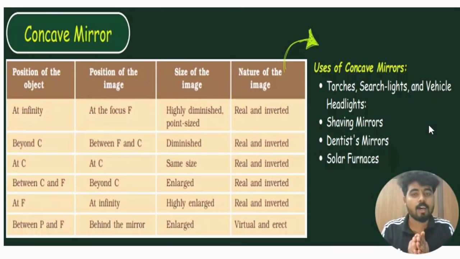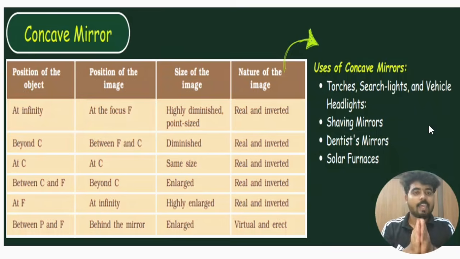When the object is placed between the pole and the focus, the image will be behind the mirror, and the size of the image will be enlarged. So we can directly say that here the nature of the image will be virtual and erect. This is the thing we want to know.